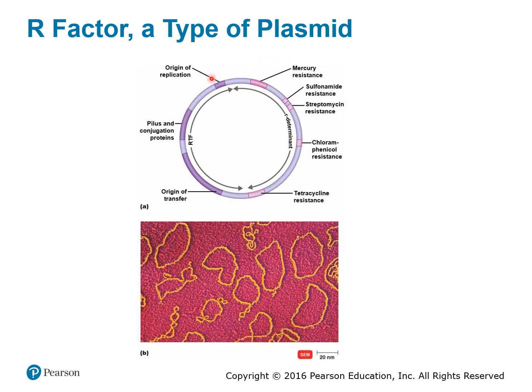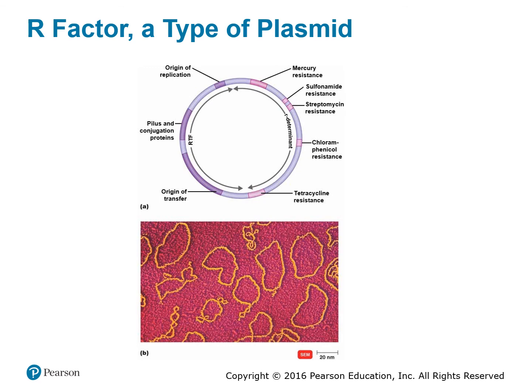antibiotics. And so if this plasmid gets basically transferred over to another bacterium that doesn't have it, then this new bacterium is now going to become resistant to these antibiotics as well. And so this is an example of a plasmid.